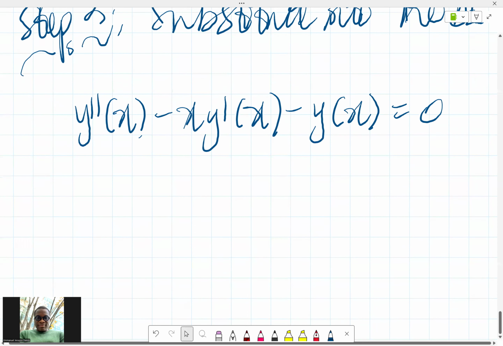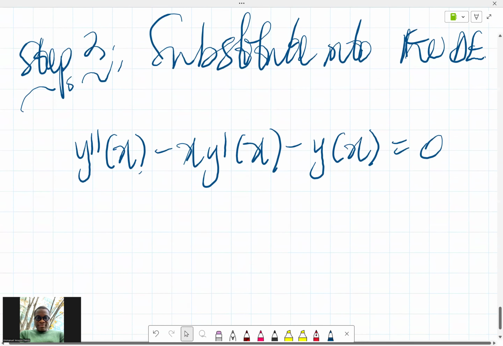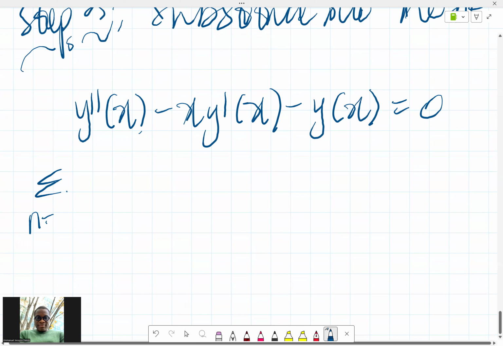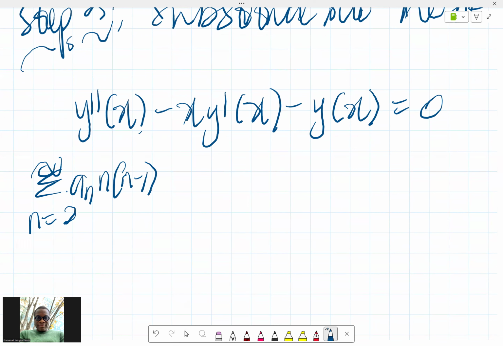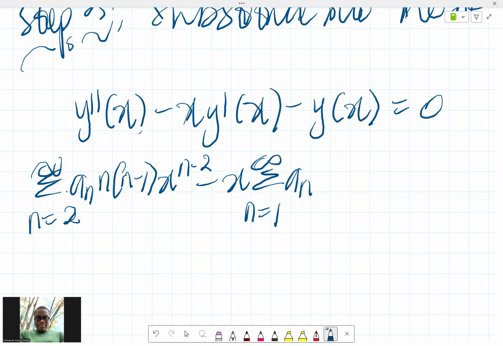If you substitute all of that, then you get the summation from n equals 2 to infinity of n into n minus 1, an x raised to n minus 2, minus x times y prime, and y prime is the summation from n equals 1 to infinity of n an x raised to n minus 1.